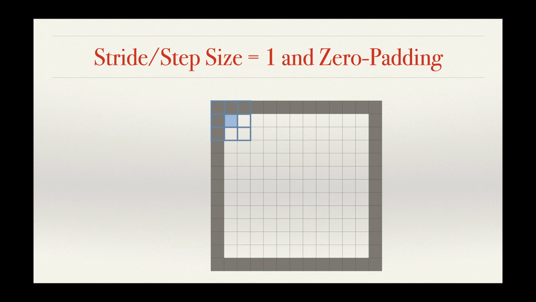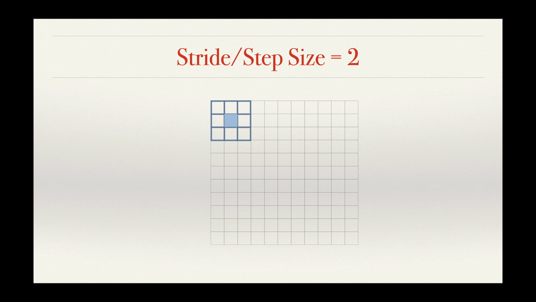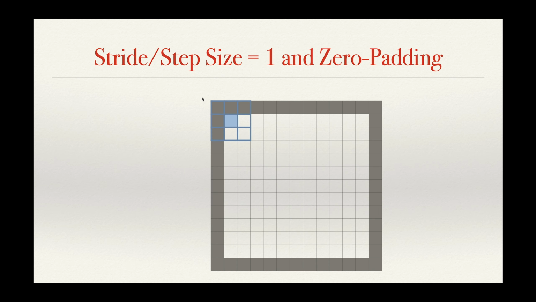So the third one is, do we have padding or no padding? As I said, in this case we start from here, and we cannot start from the top left corner. The idea of padding is to be able to start from the top corner by adding zero padding. Zero padding is just an extension of the image with pixels that have value equal to zero.